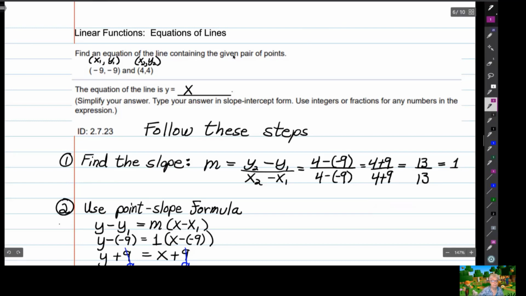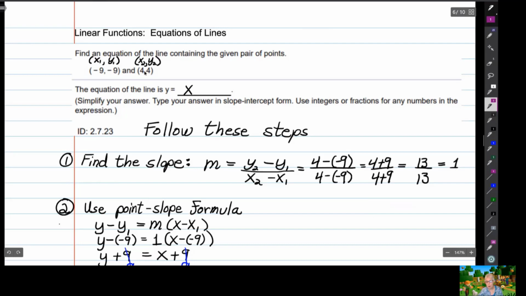But anyway, find an equation of the line containing the given pair of points. That means there's a line somewhere, and these are two of the points that are on the line.